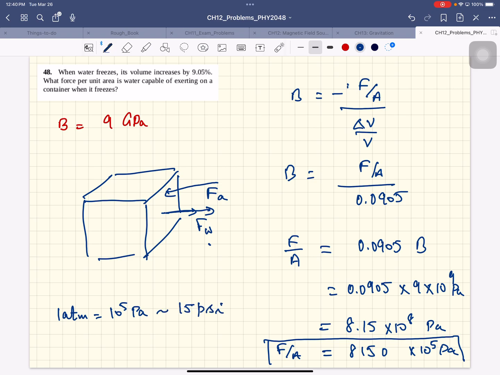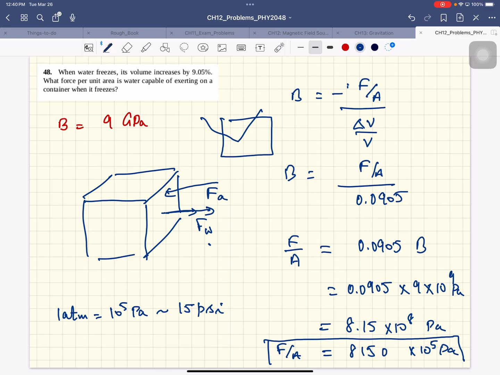What does 15 psi stand for? Pounds per square inch. So what this means is, here's a square inch. Air molecules bouncing off this square inch are applying a force of 15 pounds. That's what atmospheric pressure means.